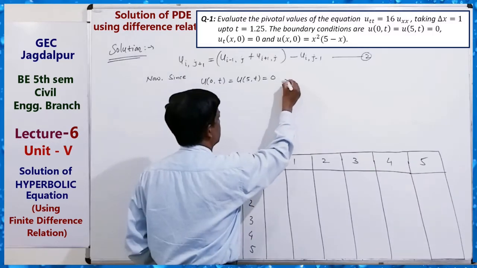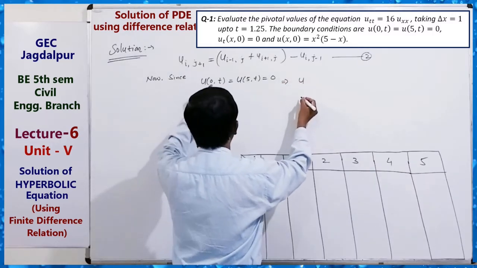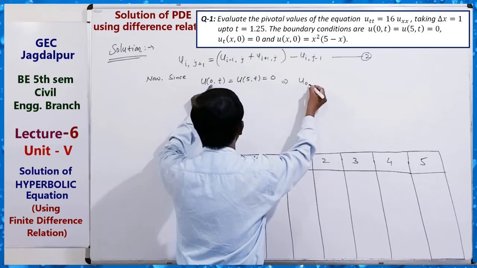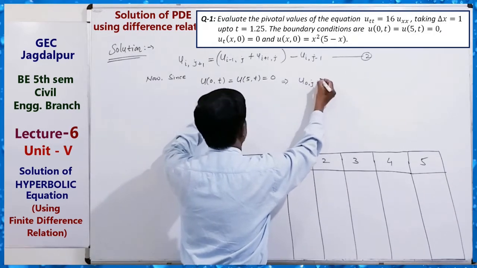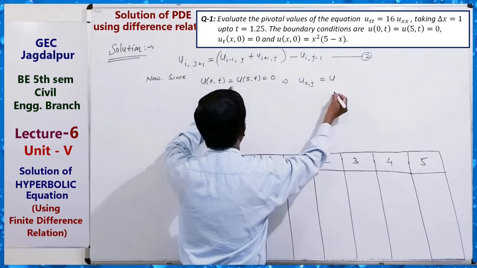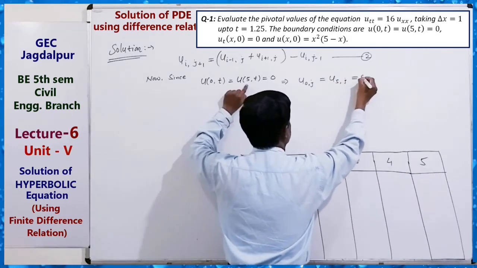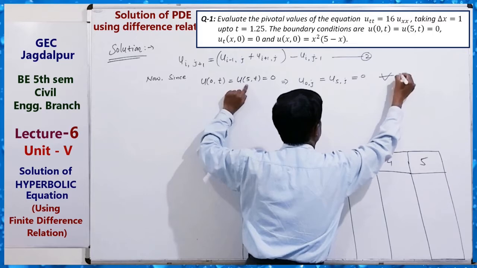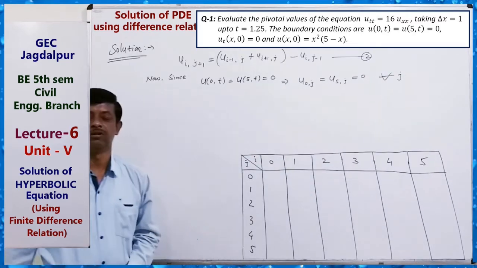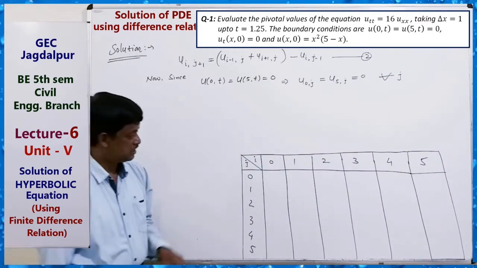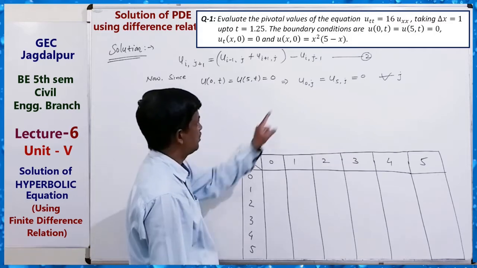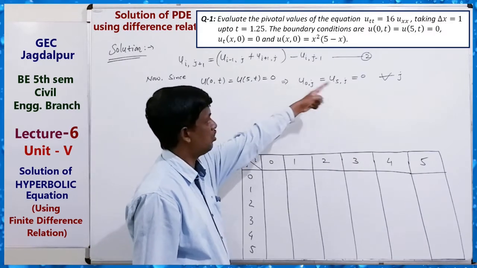So this implies u i 0, u 5 j equals 0 for all j. That is, j may be anything, but if i is 0, then all values are 0.